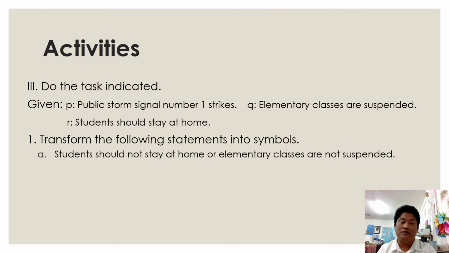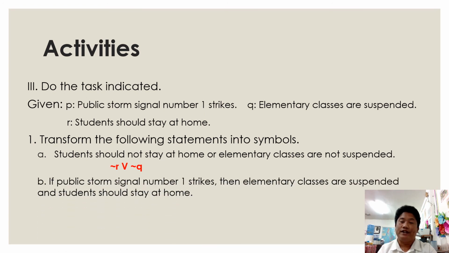So we have two simple propositions here: students should not stay at home, which is the negation of R, while elementary classes are not suspended is the negation of Q. So we have the negation of R, disjunction, negation of Q. It's a disjunction of both the negation of R and the negation of Q.